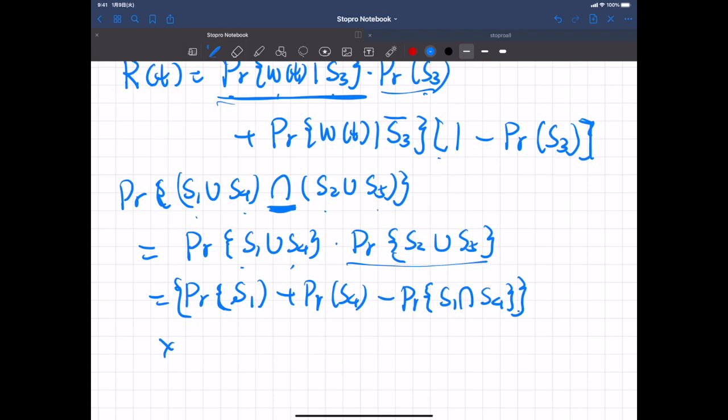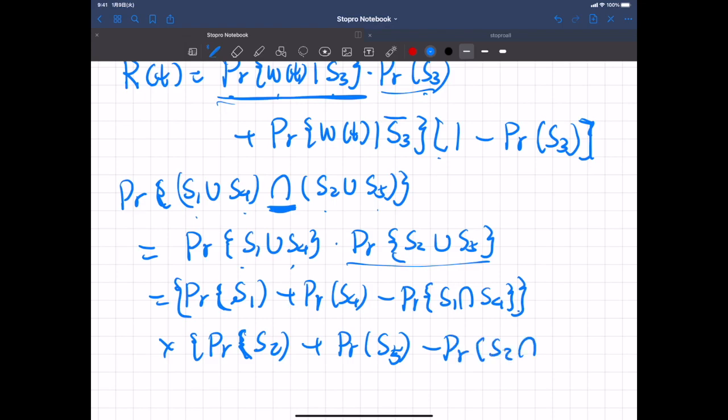And the same for the second term. That's probability of S2 plus probability of S5 minus the intersection of S2 and S5.